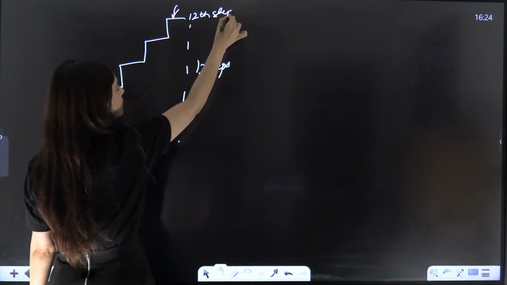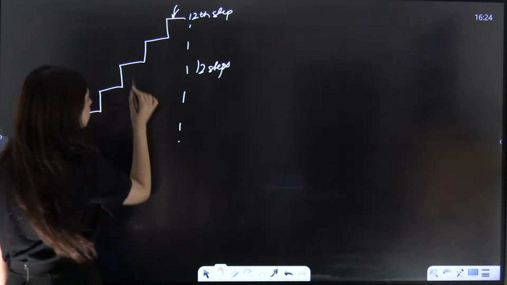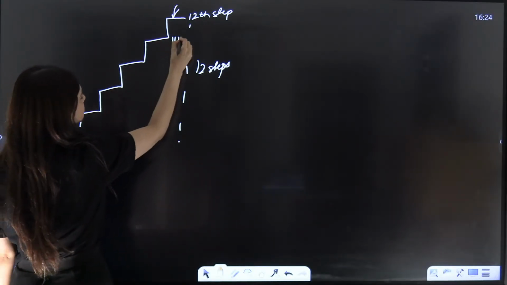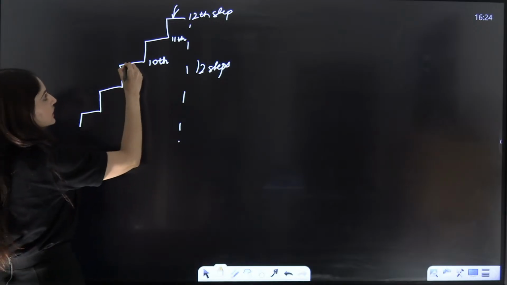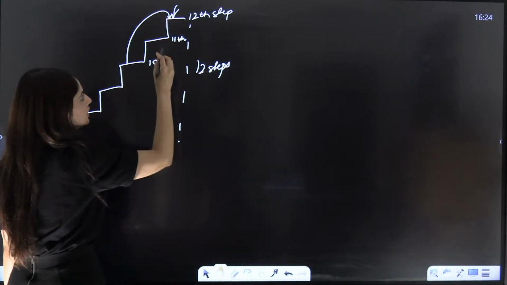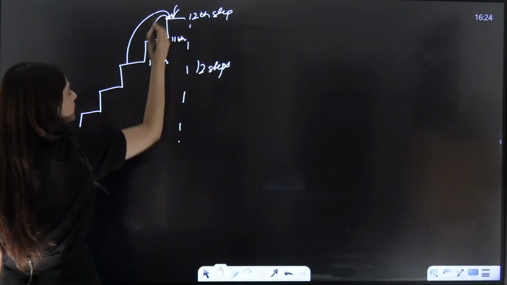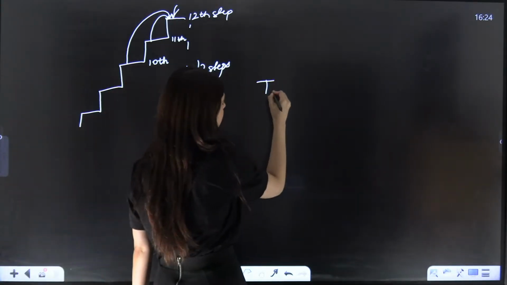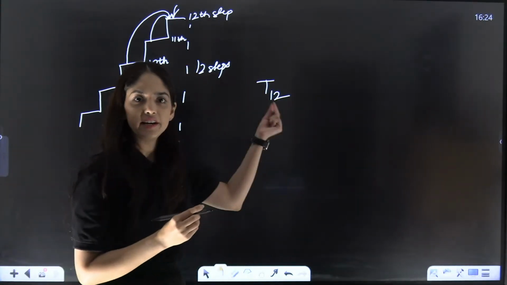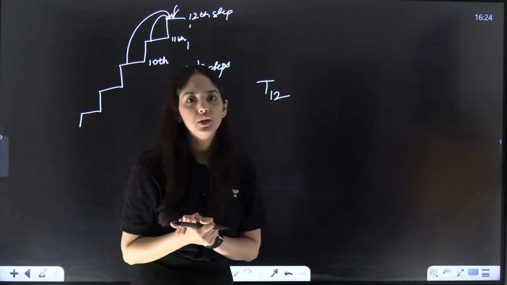To reach here, I could have taken either a direct jump from 10th or a direct jump from 11th. So let's say there are T12 ways of reaching the 12th step.